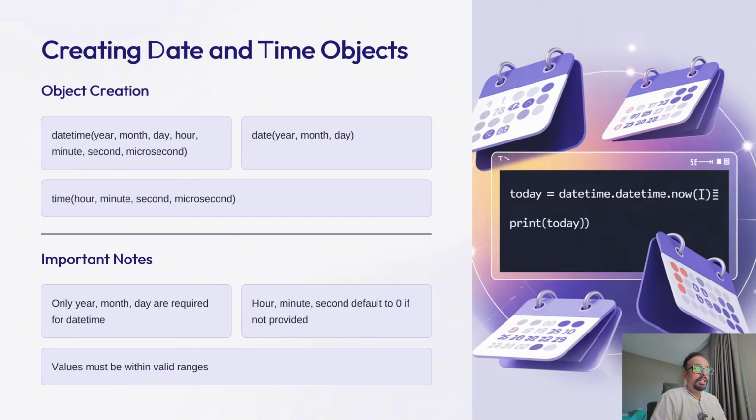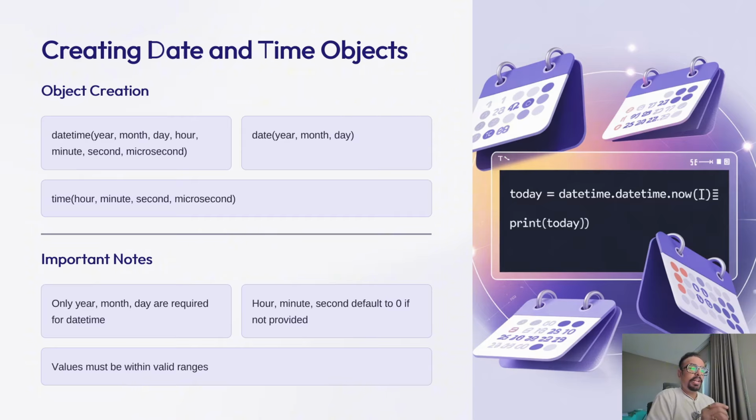The time components are hours, minutes, seconds, and microseconds, but these are optional, and they default to 0 if omitted. Similarly, you can create date objects with just year, month, and day, and time objects with just hour, minute, seconds, and microseconds. All the values must be within the valid range.